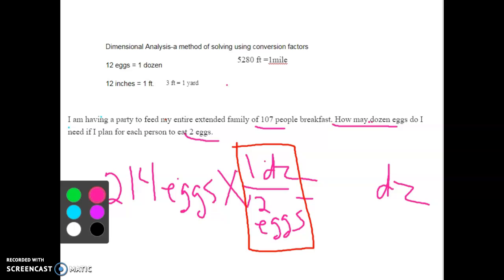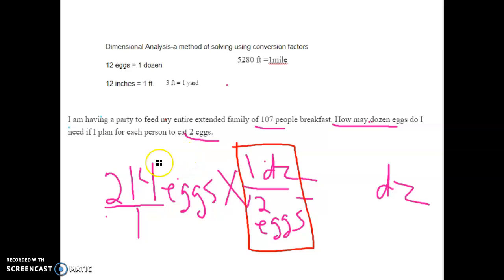So to solve this, I'm going to take 214. Remember that a whole number is really a fraction over 1. 214 eggs, and I'm going to take 214 times 1, and that's the top, so 214, divided by whatever's on the bottom. 1 times 12, which is just 12. So I can do quick handy dandy math.